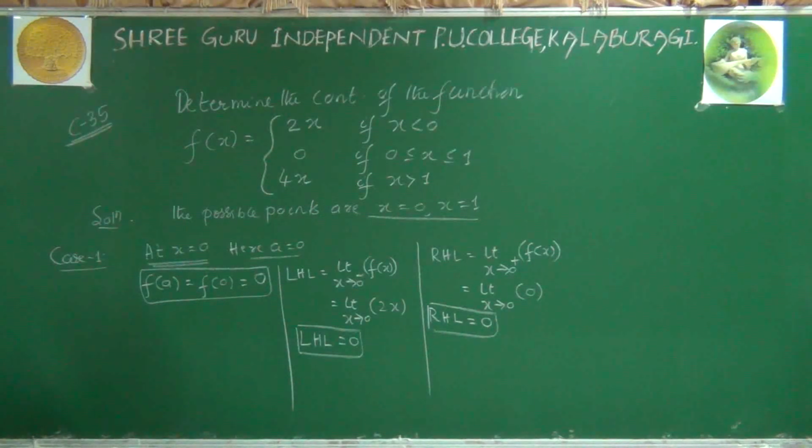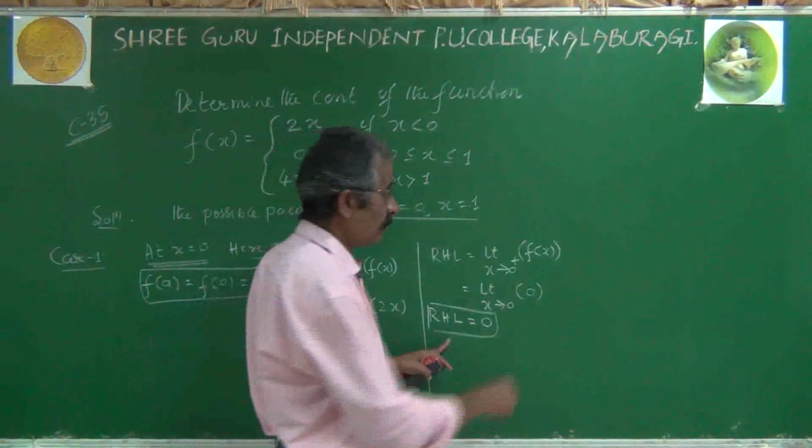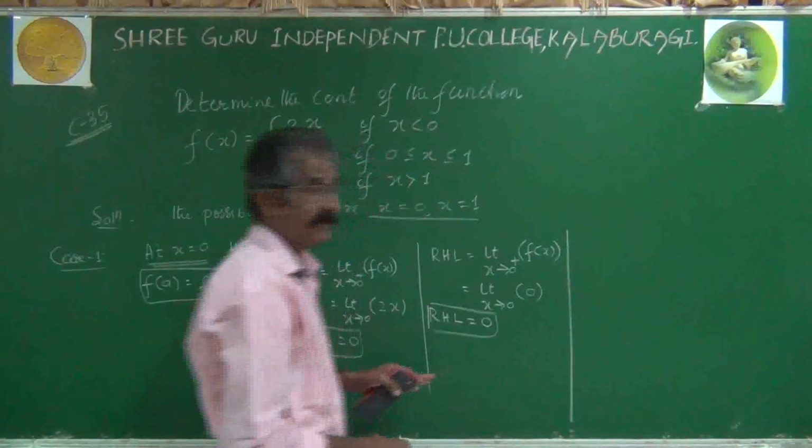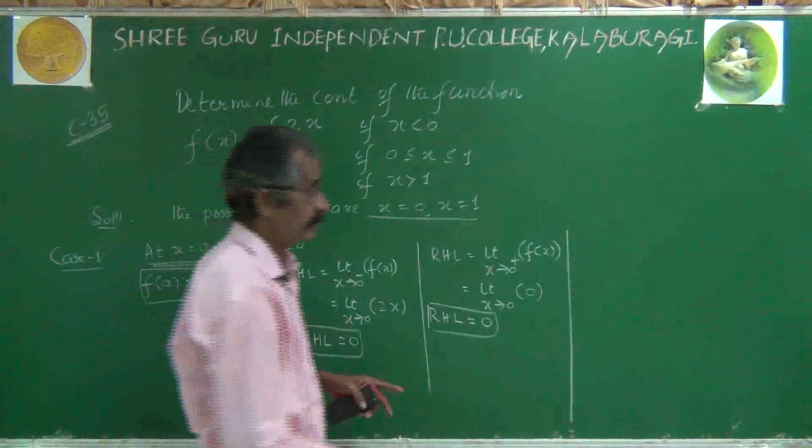What we can observe is that f of 0 equal to left hand limit equal to right hand limit. Consequently, the given function is continuous at x equal to 0.